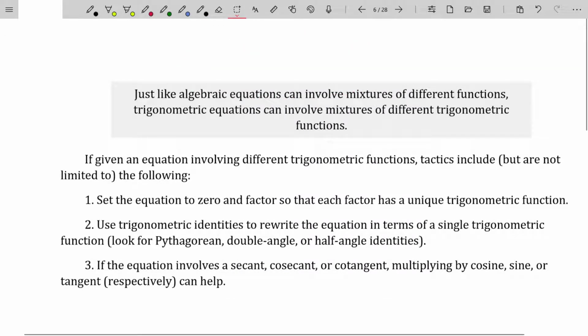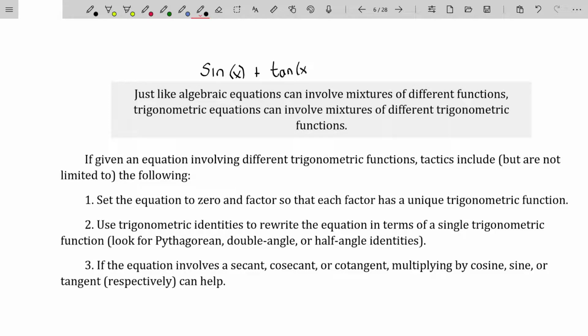But in trig, you can have a mixture of trig functions. So let's say you have an equation that looks like this: sine of x plus, I don't care, let's say the tangent of x is equal to cosecant of x or something like that. That's a mixture of trig functions.